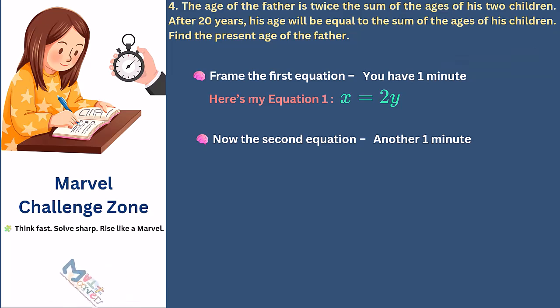Got it? Here's the trick. The sum of ages after 20 years is not y plus 20, but actually y plus 20 plus 20.